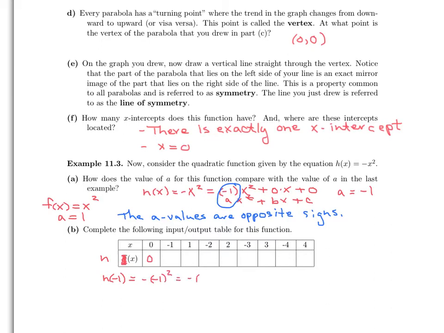When you square -1, you arrive at 1, and then you negate it and you get a -1. So the output is a -1. When you substitute 1 into this function, the function squares 1 and then negates it. 1 squared is 1, so you arrive at -1. Applying the same logic to the other inputs, you arrive at outputs of -4, -4, -9, -9, -16, and -16.